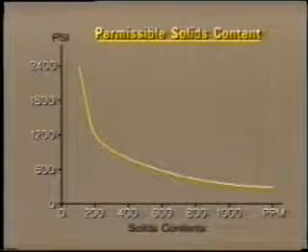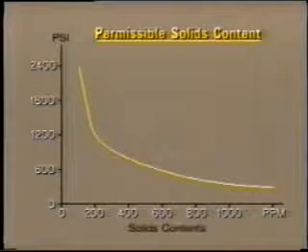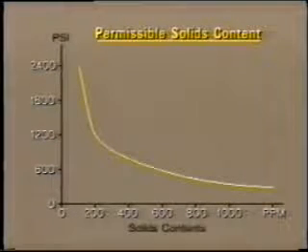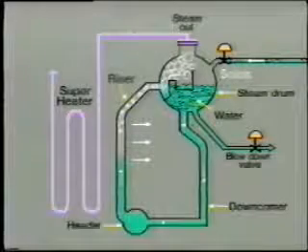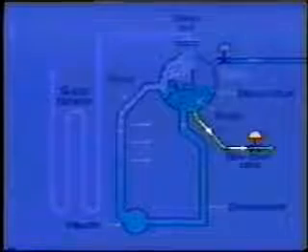Depending upon the operating pressure of the boiler, limits are set to the permissible solids content of the boiler water. The higher the solids content, the greater the conductivity. So, what can we do when the conductivity reaches its predetermined limit, say 10 to 15 micromhos? Well, the concentration can be reduced by draining off a portion of water through the continuous blowdown.